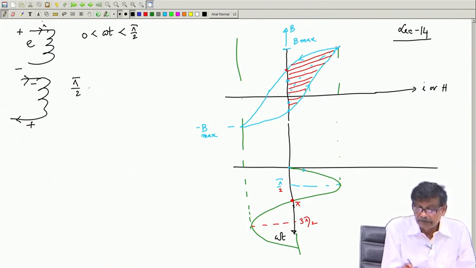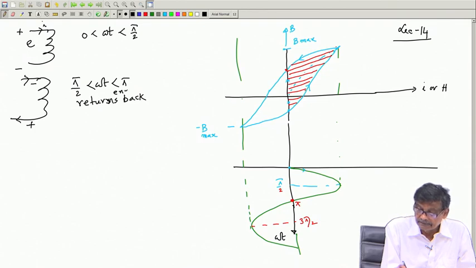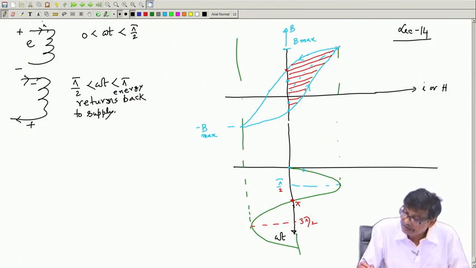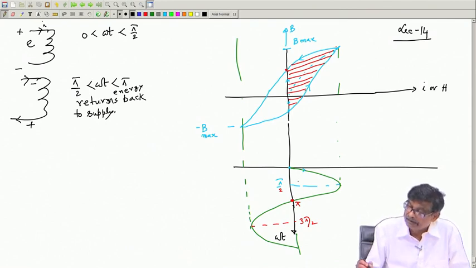So, pi by 2 to pi, omega t, returns energy back to supply. And what is that area? That area will be this area. That is why at the end of pi, it has absorbed so much energy, this minus this, which we discussed last time.